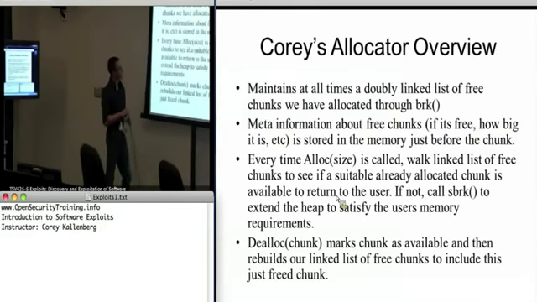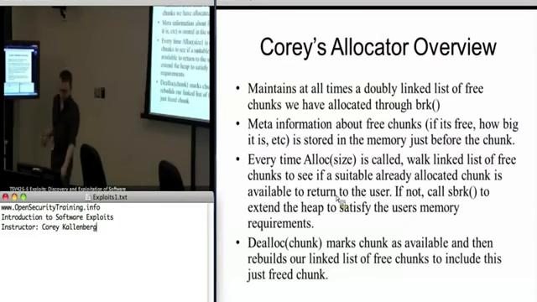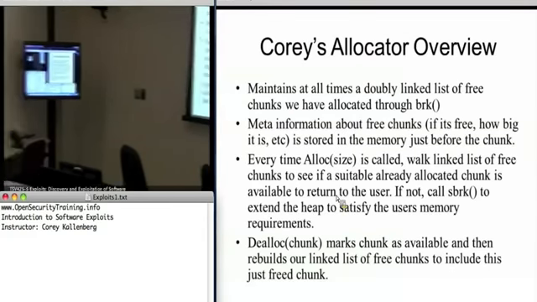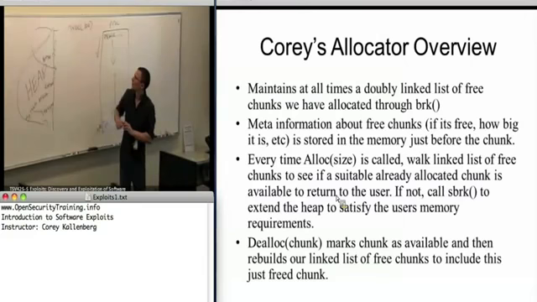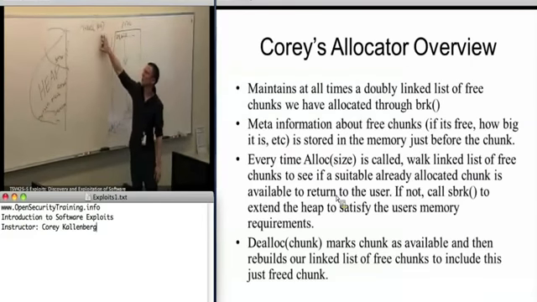Meta information about the free chunks. Okay, let me draw a picture of this as well. Lots of pictures of heaps. I'm defining a chunk of memory as any block of memory that the user has alloced, okay? So when I do malloc 100, that creates a 100 byte chunk of memory.